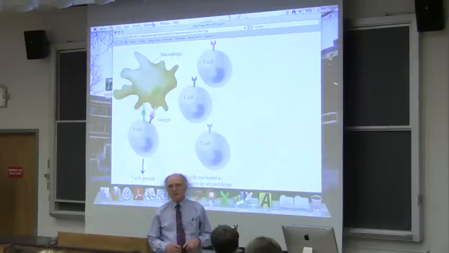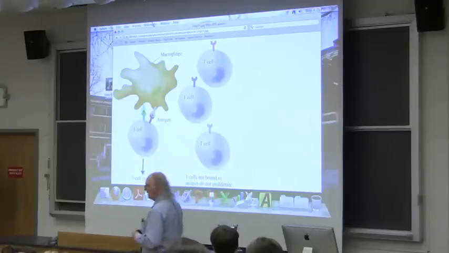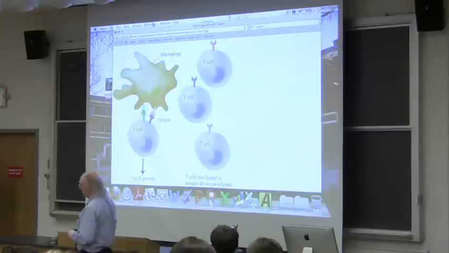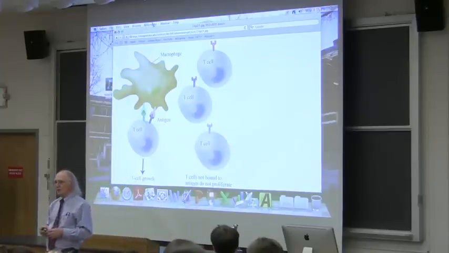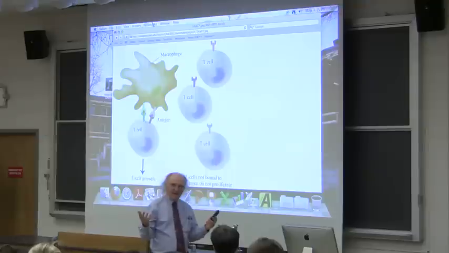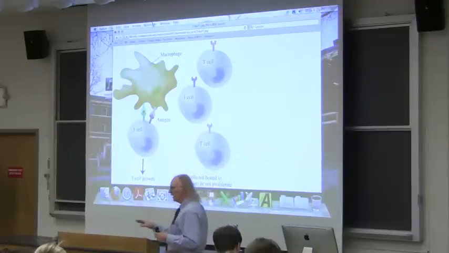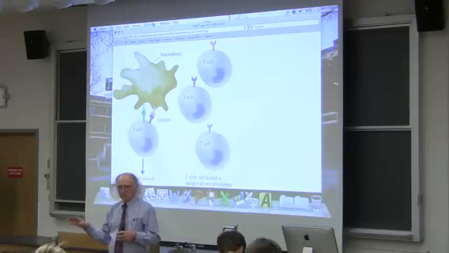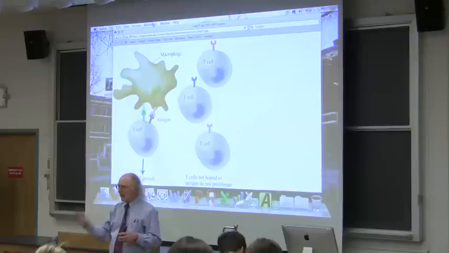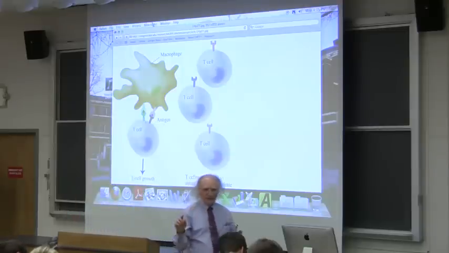So our immune system might throw a couple hundred antibodies against a given antigen. All right? Well, what's a monoclonal? A monoclonal antibody is something that we can make in a laboratory that recognizes and binds to only one specific epitope. It recognizes only one specific thing.